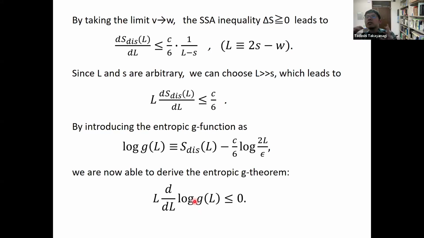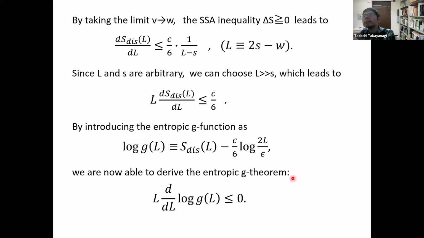That means as the length scale L gets larger, the g function decreases. That means as we go to the infrared, the g function becomes small. So I'm not using any holography here. This is a BCFT and quantum-information-theoretic proof of the g-theorem. It's a very simple geometrical argument.